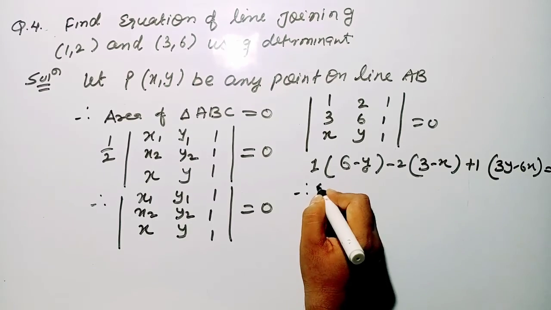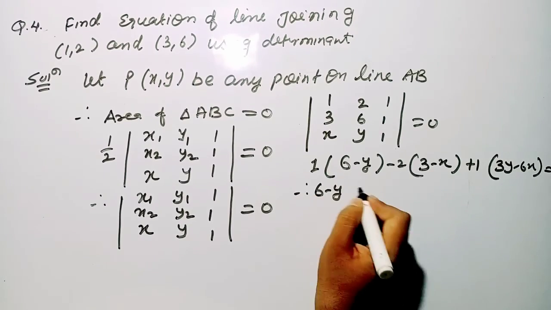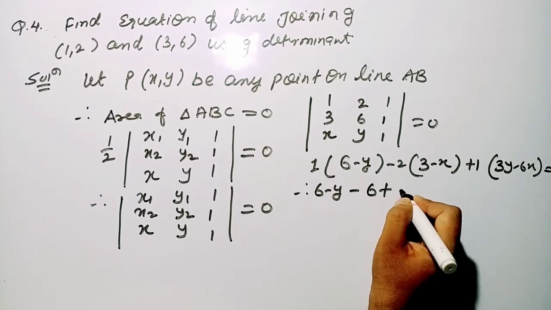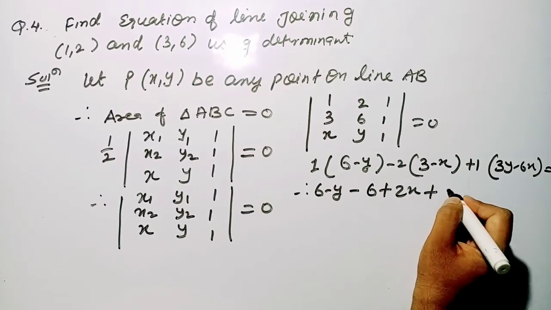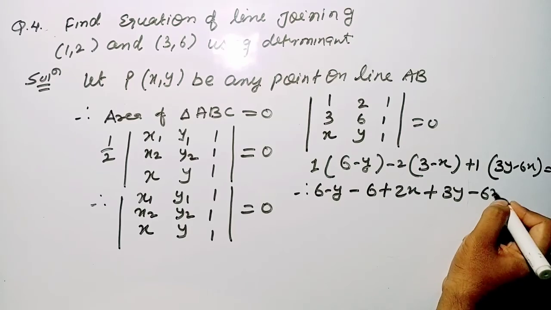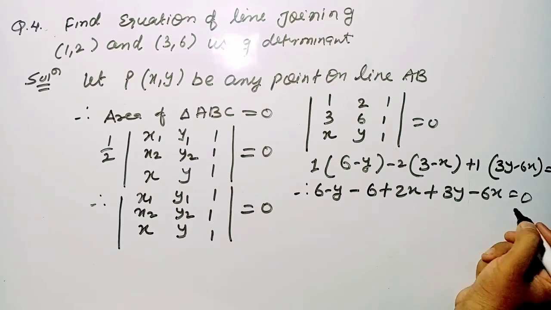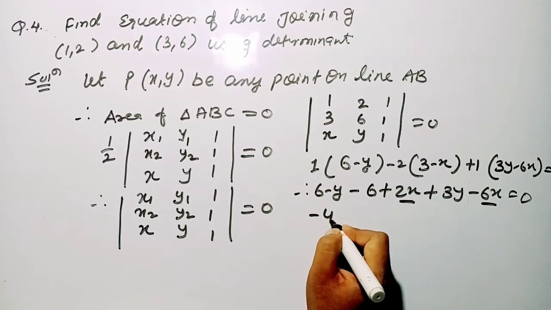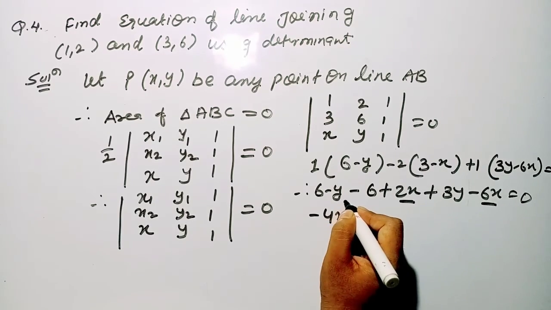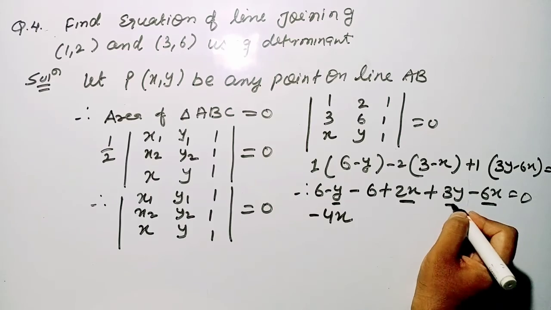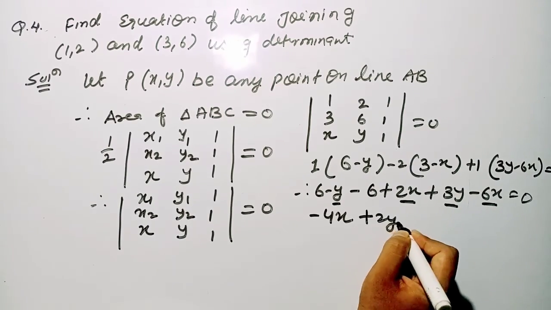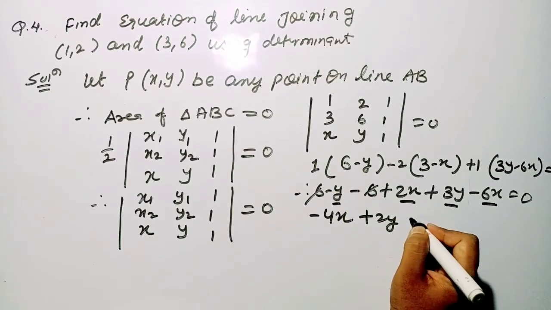Okay. So now expand the brackets, 6 minus y, minus 2 into 3 minus x, so minus 6 plus 2x, plus 3y minus 6x is equal to 0. Now 2x minus 6x is minus 4x, and minus y plus 3y, so there will be plus 2y, and here plus 6 and minus 6 will cancel out, right?